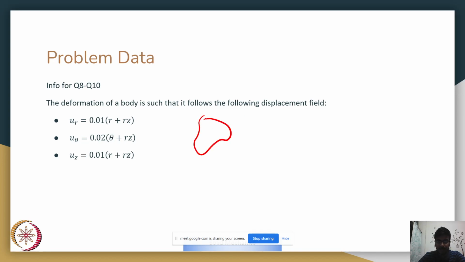So suppose this is our body. I can still apply it to any body, but I'm just purposefully drawing it as a cylindrical body.